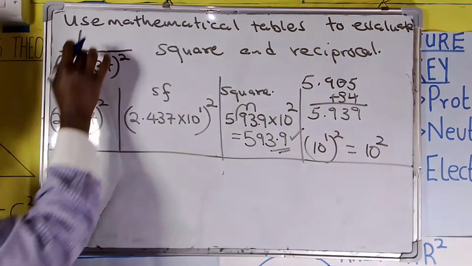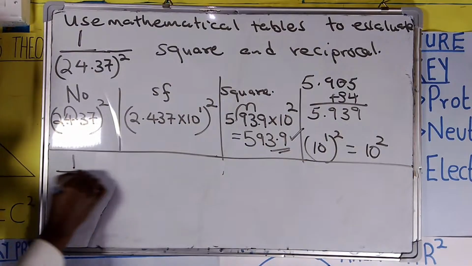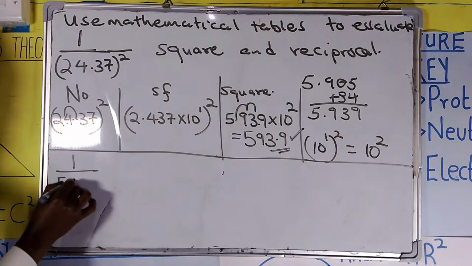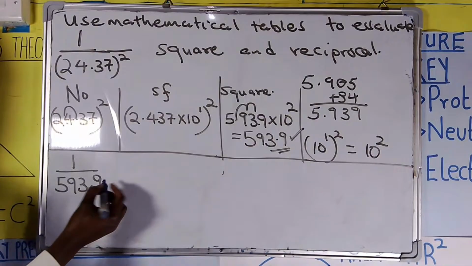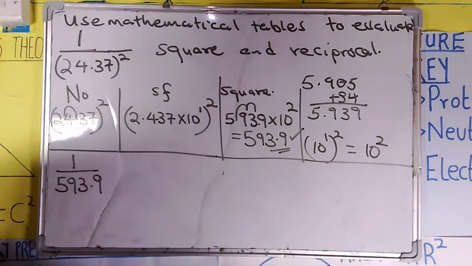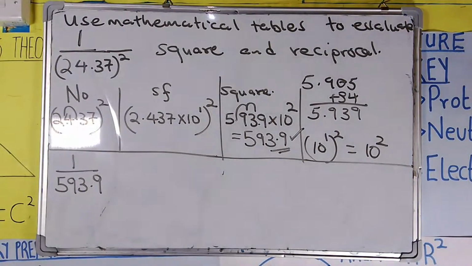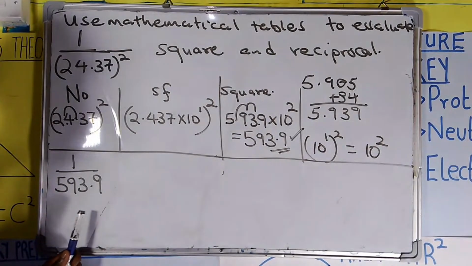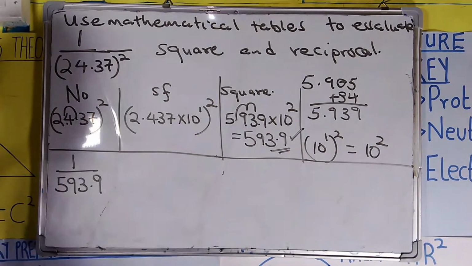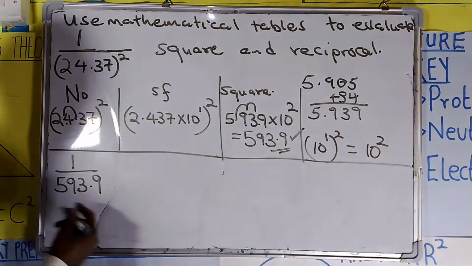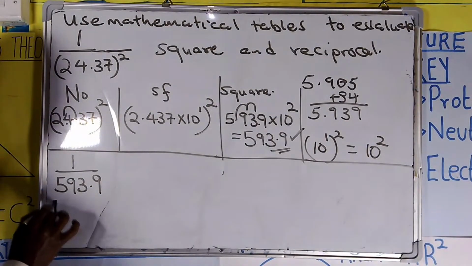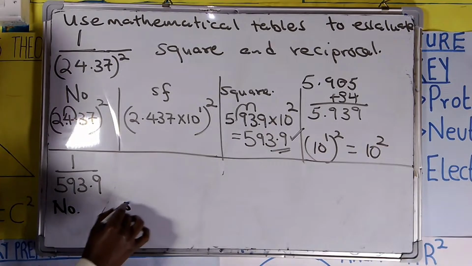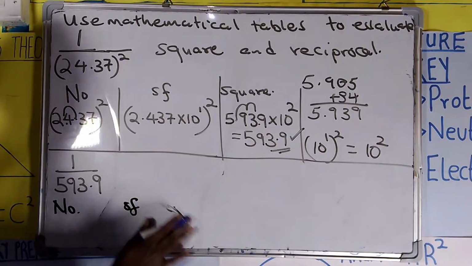After we get that, we can now write it as 1 over 593.9. When we write it like that, we are now going to determine the reciprocal of 593.9. For us to find the reciprocal of 593.9, we will have number, standard form, then the reciprocal.